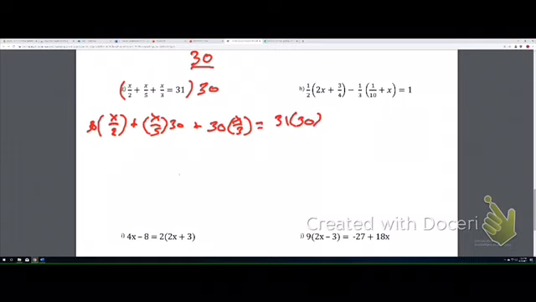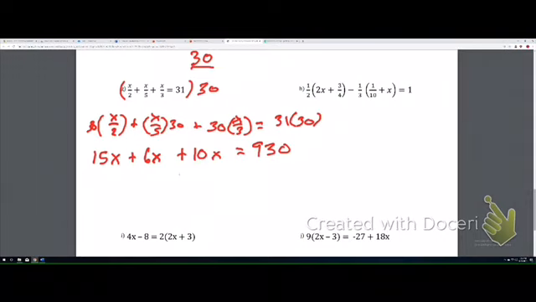So this is going to end up being 15x plus 6x plus 10x equals 930. Remember, y'all can use your calculators to get these quickly.